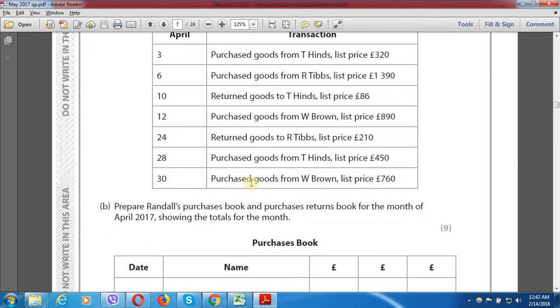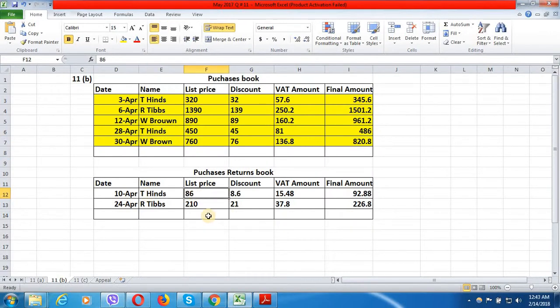Then we need to prepare the purchases returns book. The purchases returns book calculation will be done in the same way as we have done for the purchases book calculation.